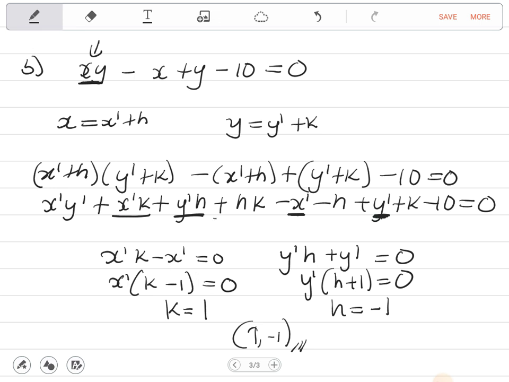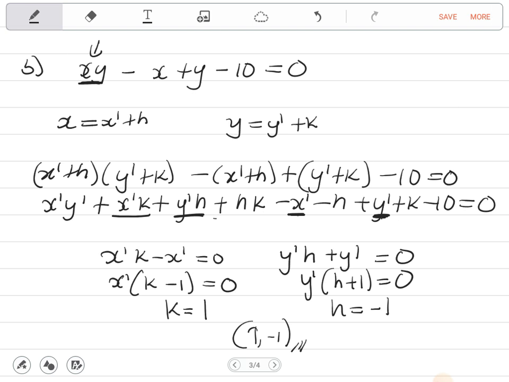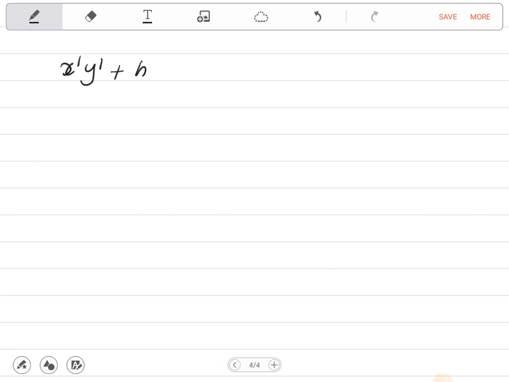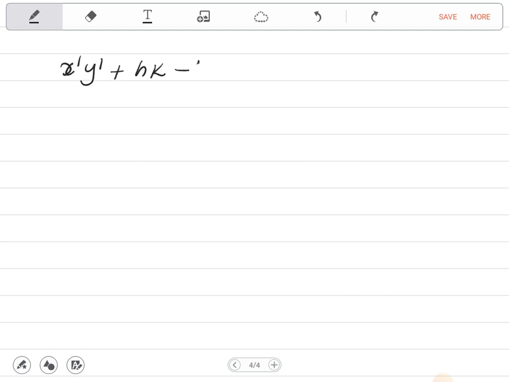Let me write what I know I'm going to remain with: x prime y prime, and this, which is 0. So what has remained is hk minus h plus k minus 10 is equal to 0.